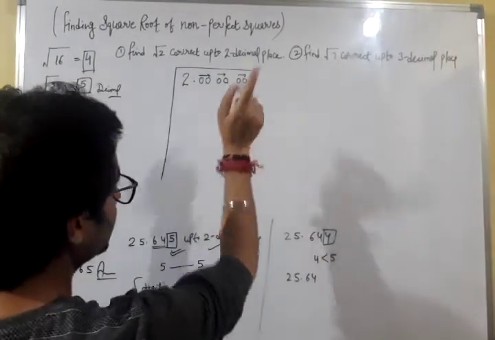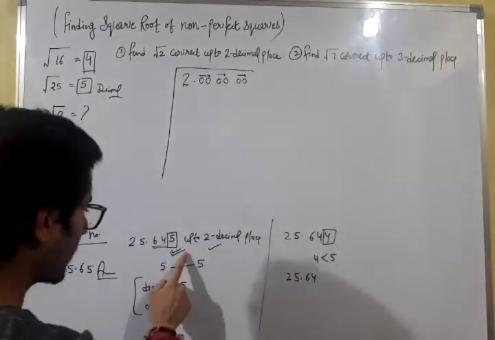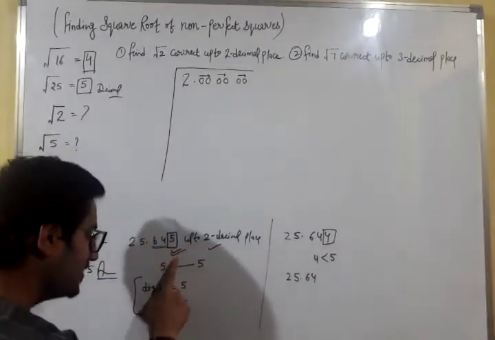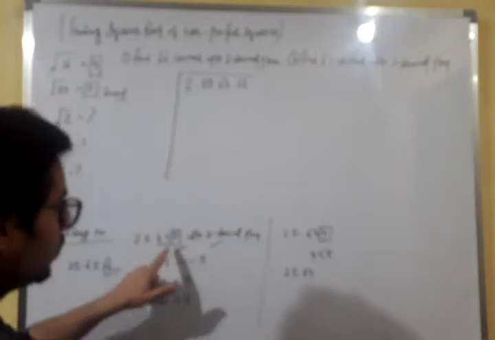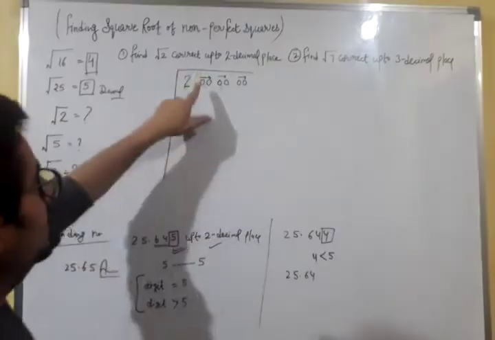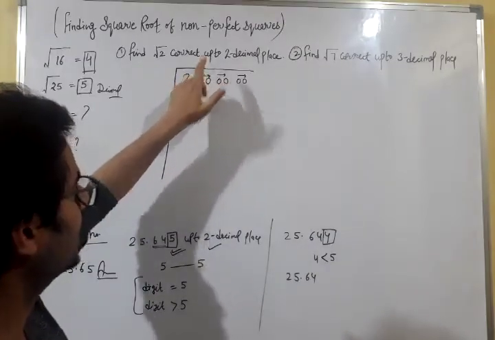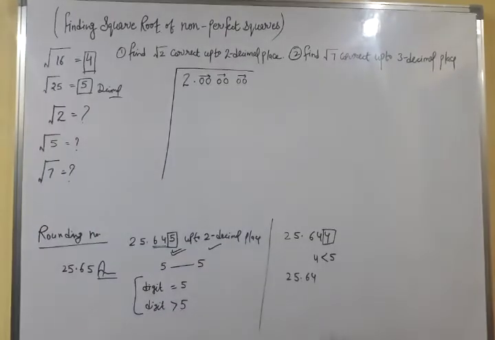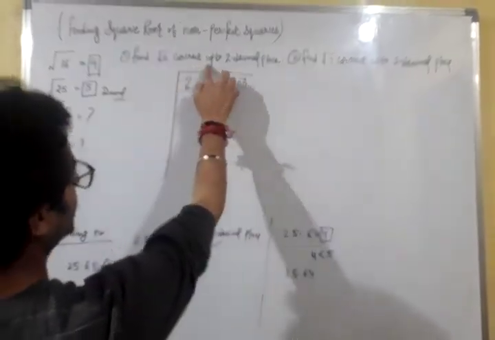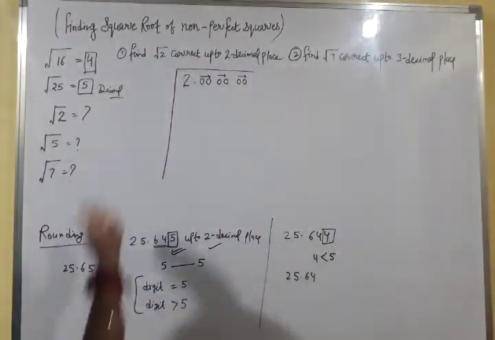When we have the digits at the third place, then we will round off with the help of the digit written at third place. थर्ड प्लेस पर जो डिजिट लिखी होगी उसके बेसिस पर हम अपने जो स्क्वायर रूट आएगा, क्वोशिएंट आएगा, उसको राउंड ऑफ करेंगे, सो दैट आवर आंसर विल बी करेक्ट अप टू टू डेसिमल प्लेस.